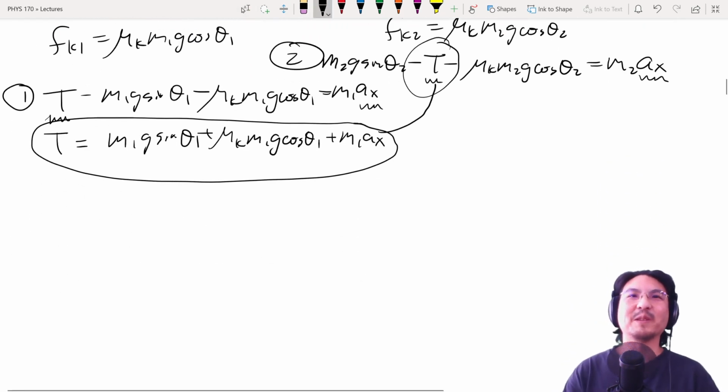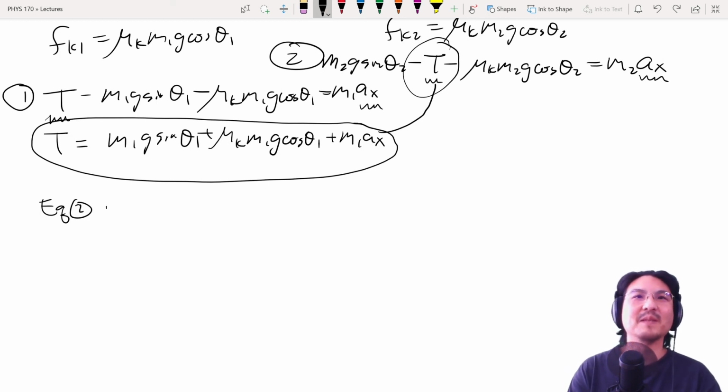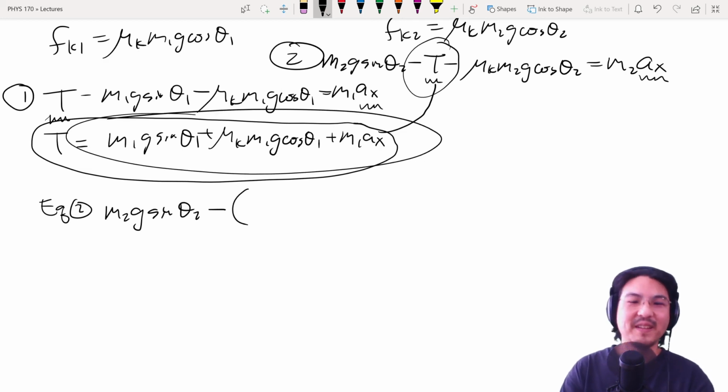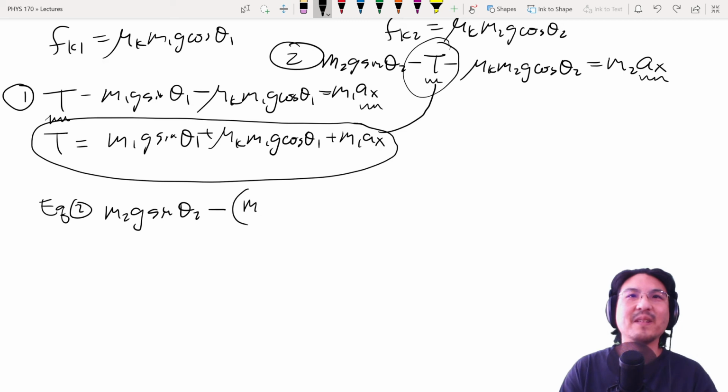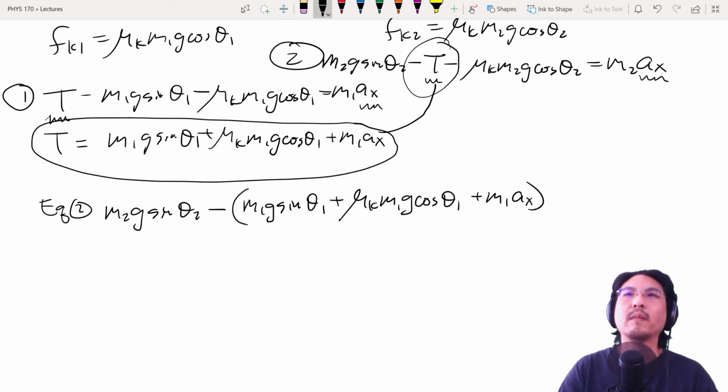Okay, so I'm going to write equation 2. This one right here. Okay, so m2g sine theta 2 minus t, which is this whole thing. I'm going to write that right now. Okay, so we're right here, right?